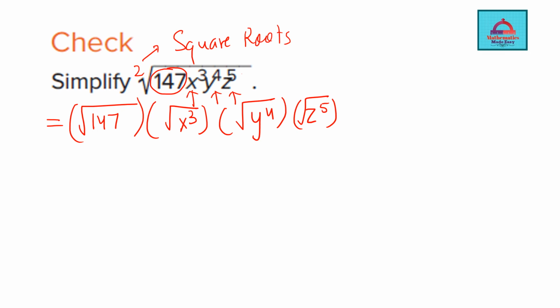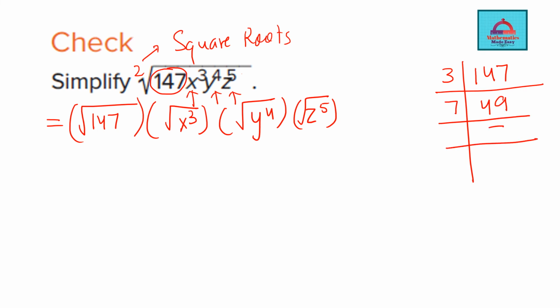So let's do prime factorization of 147. It's definitely an odd number, so we will try from 3. With 3, 3 4s are 12 and 27, 9. Okay, now 49 is a perfect square, so I can directly go like this.